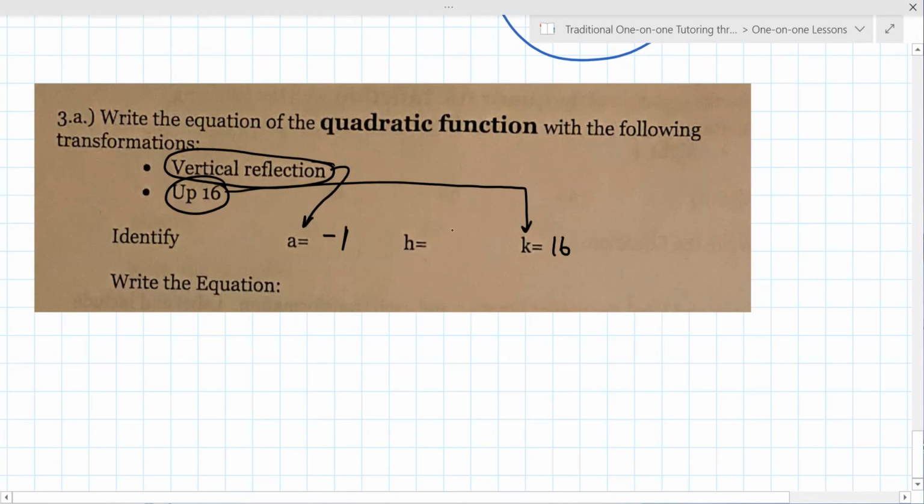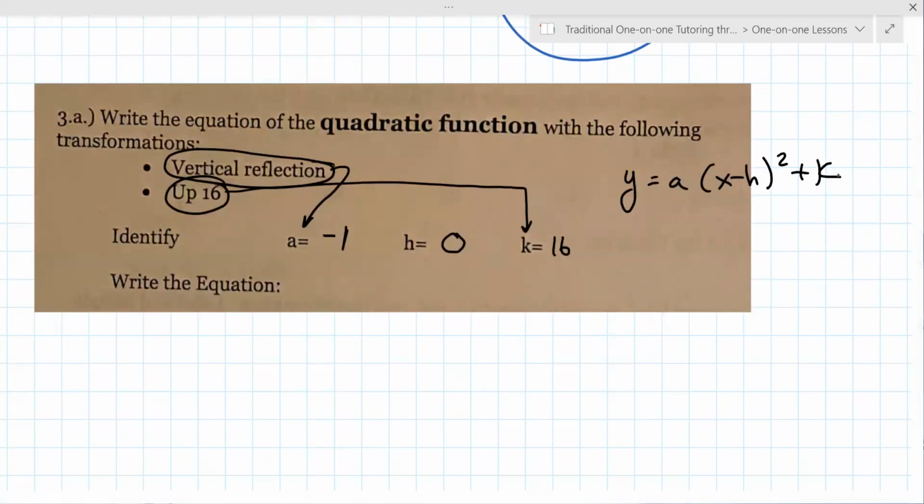So if the transformation doesn't affect one of these values, it goes back to 0. Okay, so I'll just write those down. And then we want to get the equation down as our last part of this 3A.